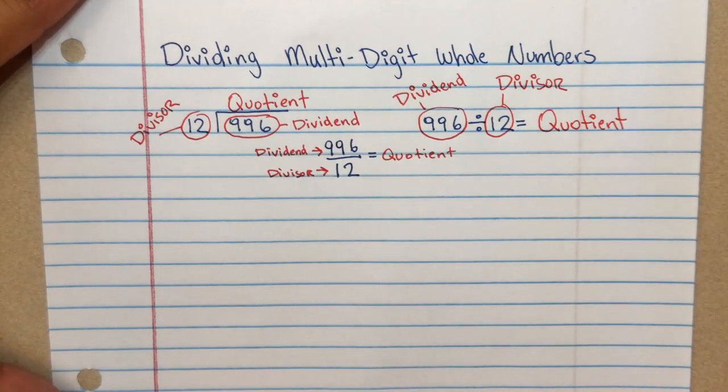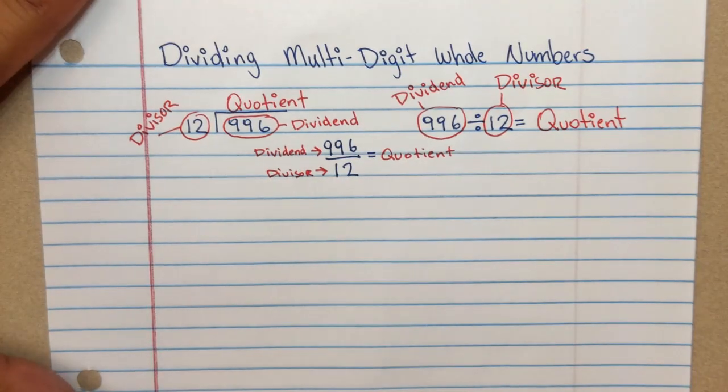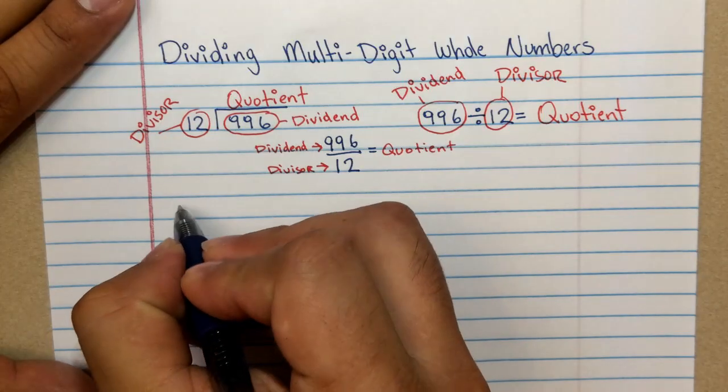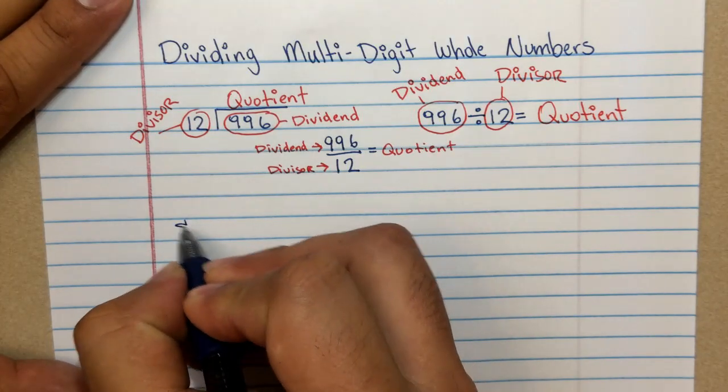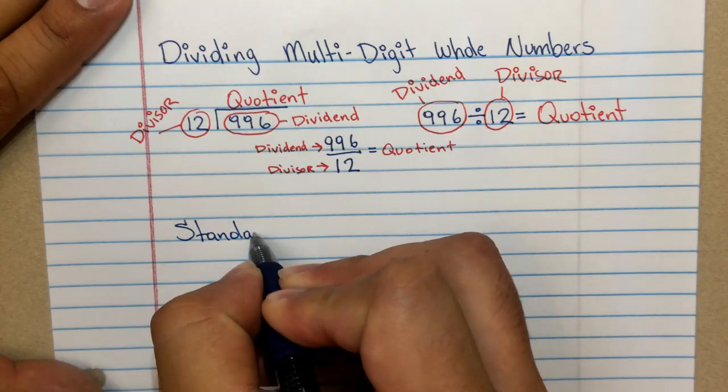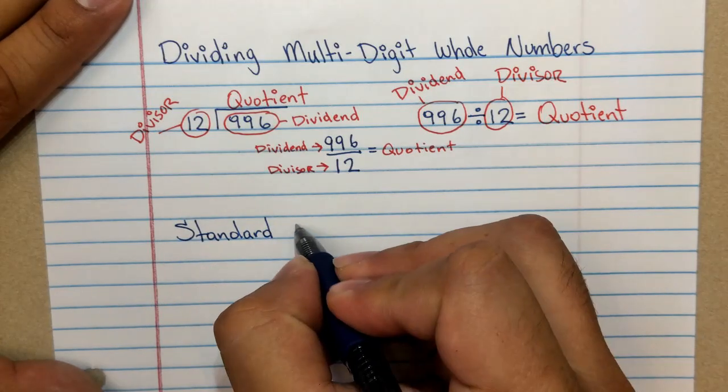Now, there are going to be three strategies that we're going to do. We're going to use this expression first, using standard algorithm. So standard algorithm is the normal way that you will see in the US.